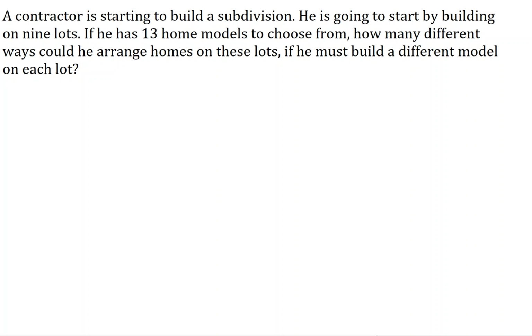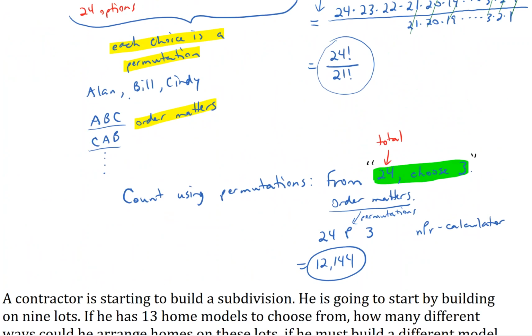So the order is going to matter here because he could arrange these houses in different ways. So this implies the order matters. And because he's building a different model, that means each choice, each option, let's say, is unique. That's important. Maybe I didn't stress that enough up here in the last example.